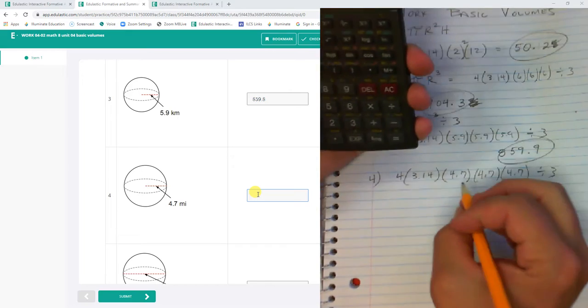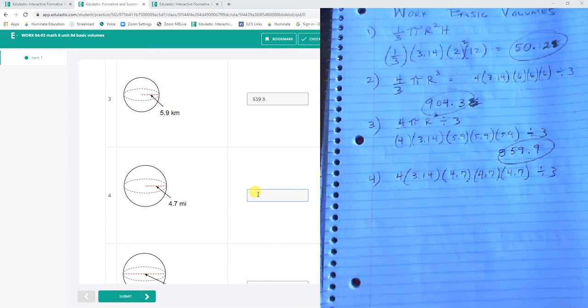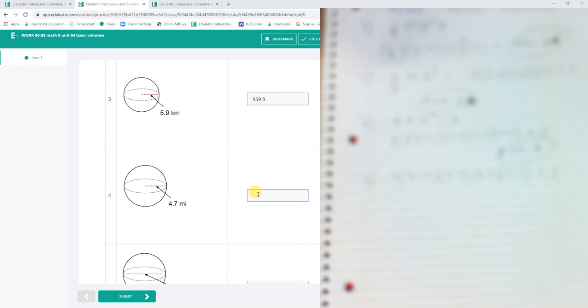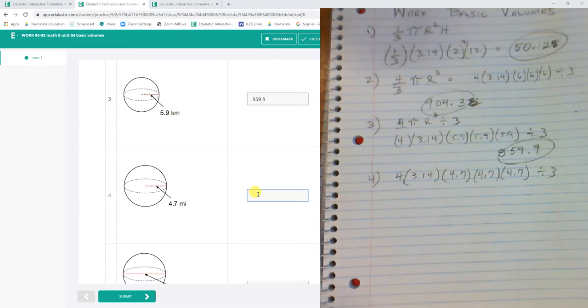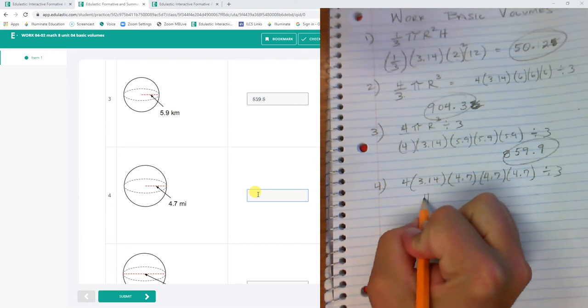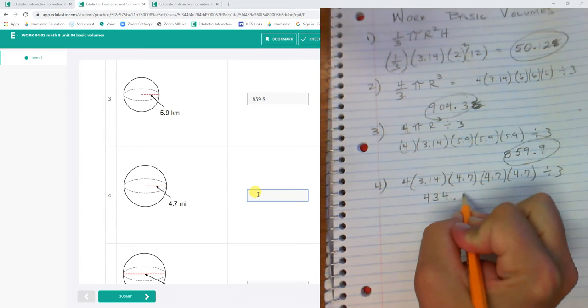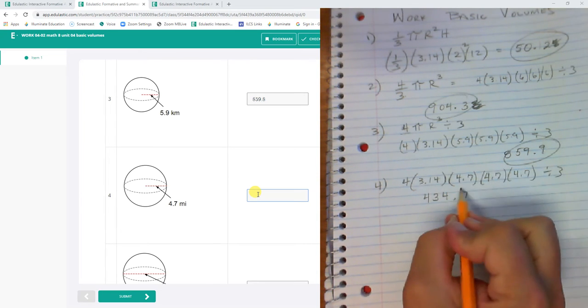And I have that as, my lights just went out. 434.67, which means it'll round to 0.7.